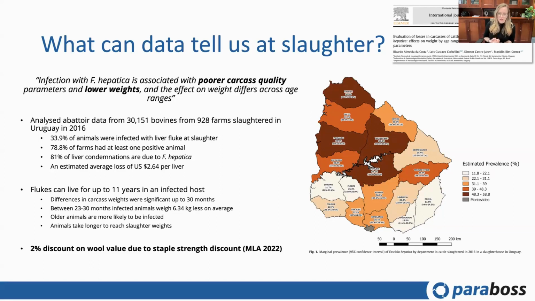Similar to what we see in Australia, despite being on the other side of the world, about a third of animals were infected, and nearly 80% of farms tested had at least one positive animal on postmortem inspection. In this region, 81% of liver condemnations at the abattoir are due to liver fluke, estimated to cost producers $2.60 US per liver.